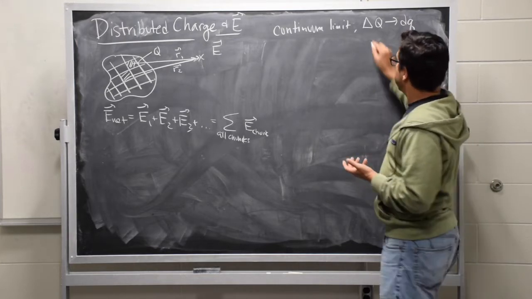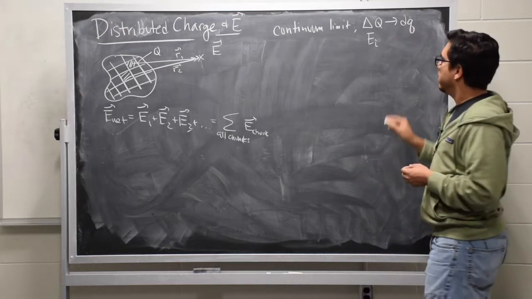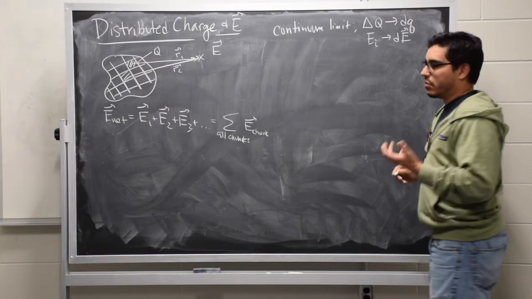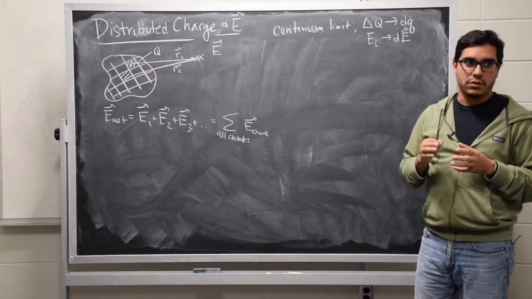And each little piece, like each little E_i that we get from each chunk, is going to be a little bit of electric field due to some very infinitesimal amount of charge.